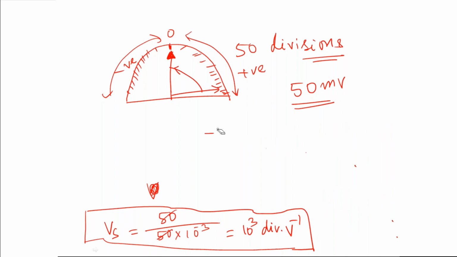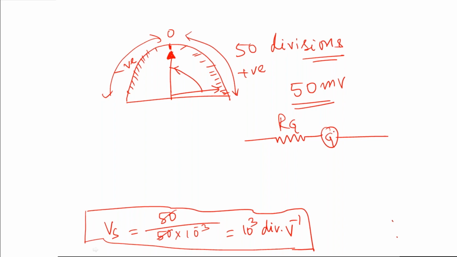Any galvanometer is always symbolically written like this. This is the galvanometer, and this is the resistance associated with it. The scale and everything will be there like this.